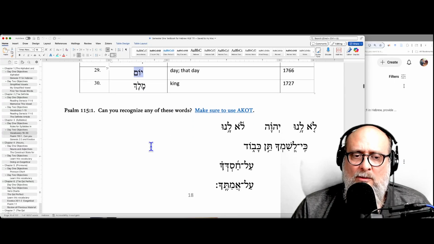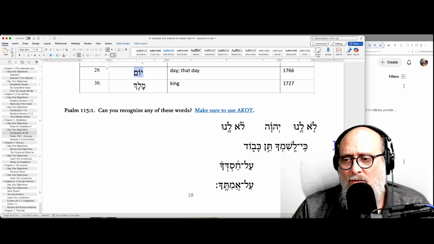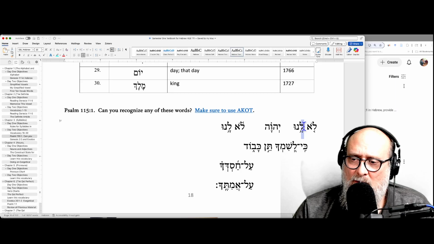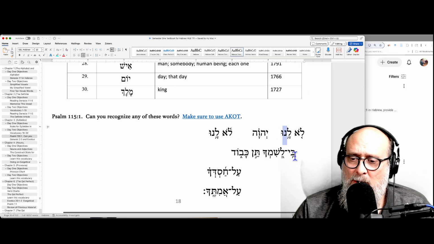We want to read some Hebrew every time we come together, and make sure you use ACOT. This link will take you to a sample of what ACOT does, and it's very helpful when you're reading something like this. This is fairly straightforward. Not to us, O Lord, not to us, but to your name.